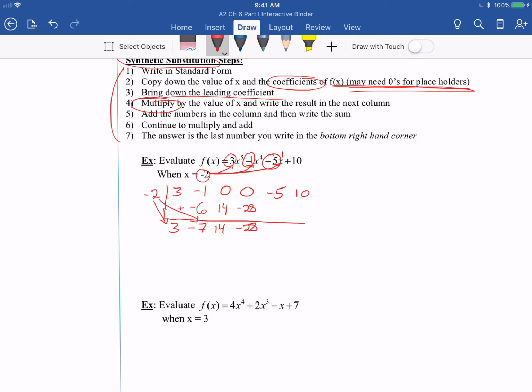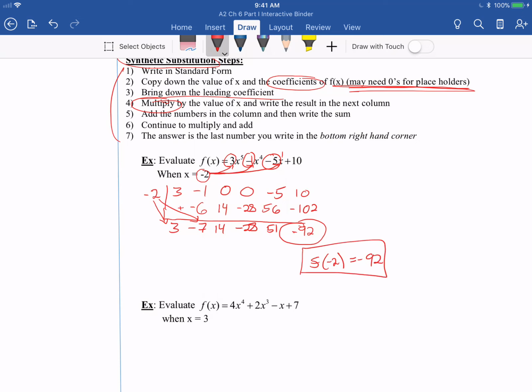Multiply the diagonal, so -2 times -28 is 56. Add straight down, you get 51. And then multiply the diagonal, you get -102. And then add straight down again, and you get -92. And this number right here is going to be your answer. So f of -2 is -92.